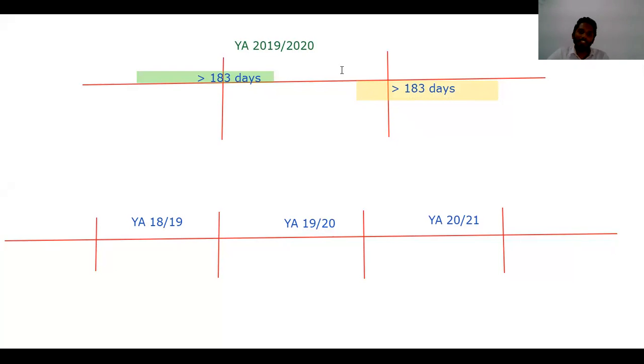Therefore, in the year of assessment 1920, he is also a resident because he exceeds 180 days. Let me share the tutor again for better understanding.